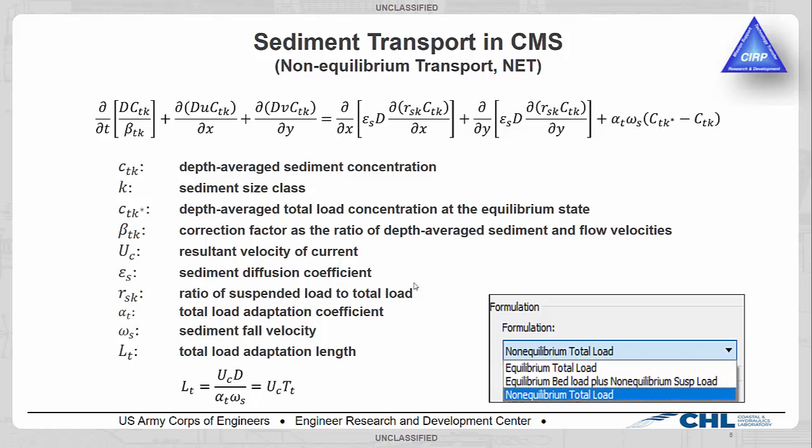What this parameter does is, the adaptation length is the distance it takes for the sediment to go from non-equilibrium to equilibrium. I will describe this later in more detail.